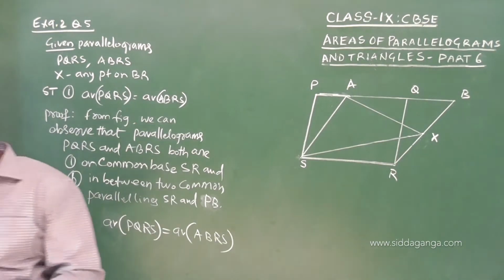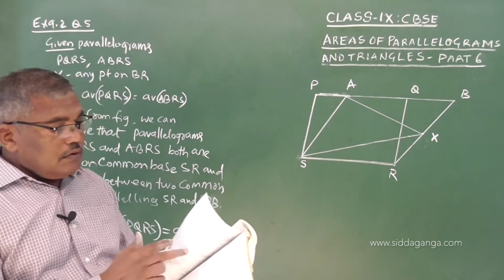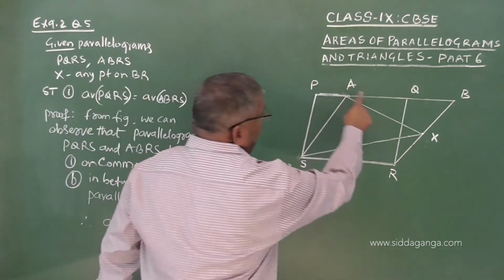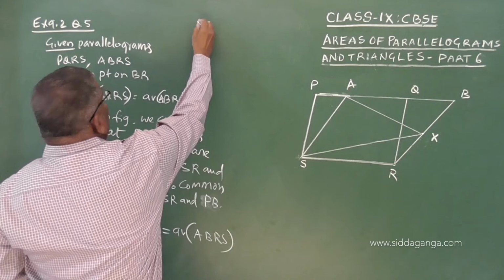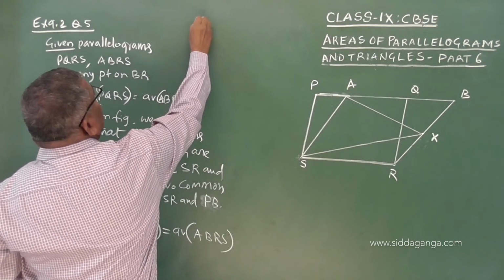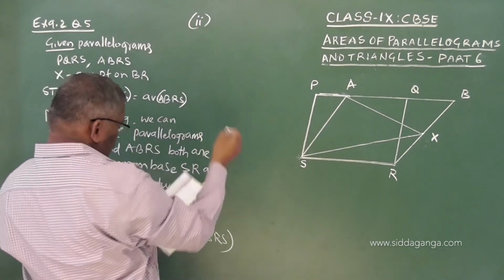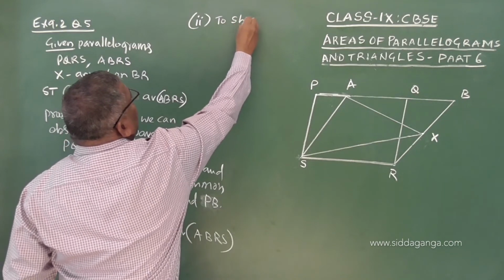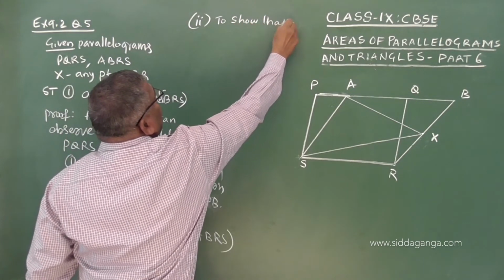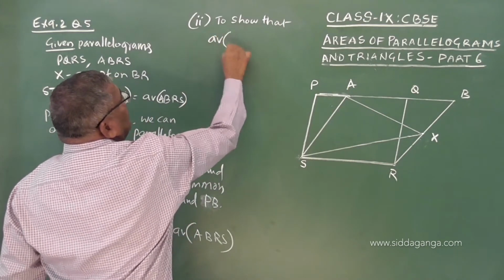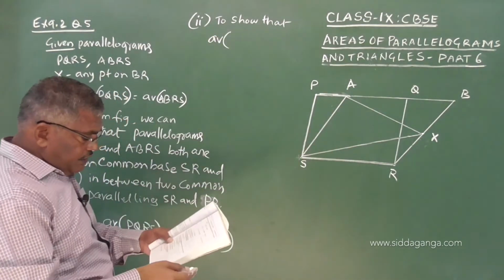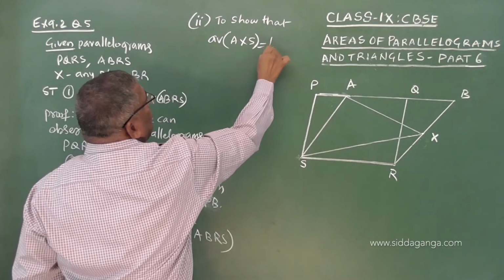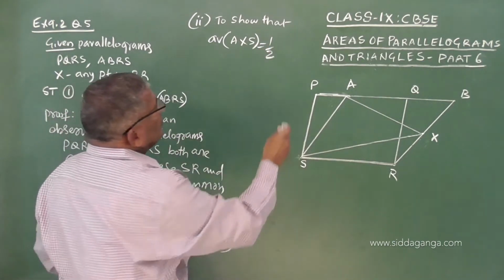The second sub question asked is to show that area of triangle AXS is equal to half of area PQRS.